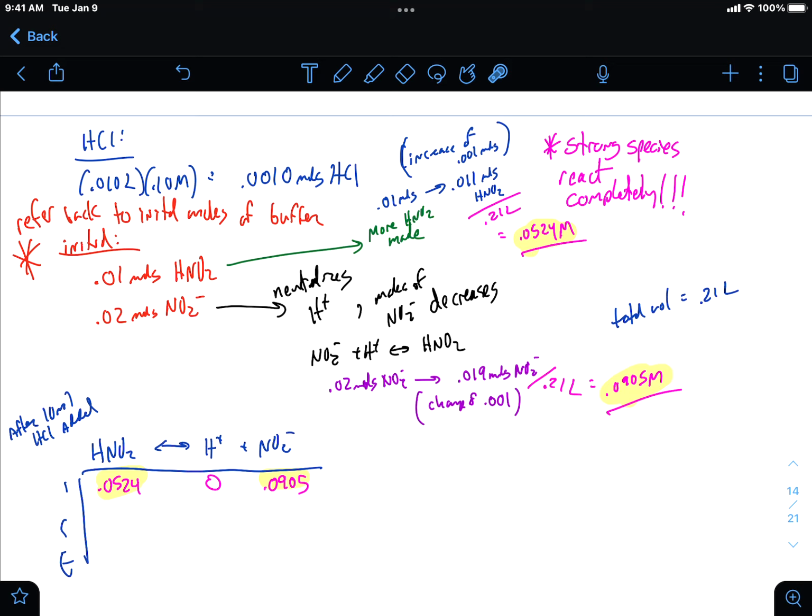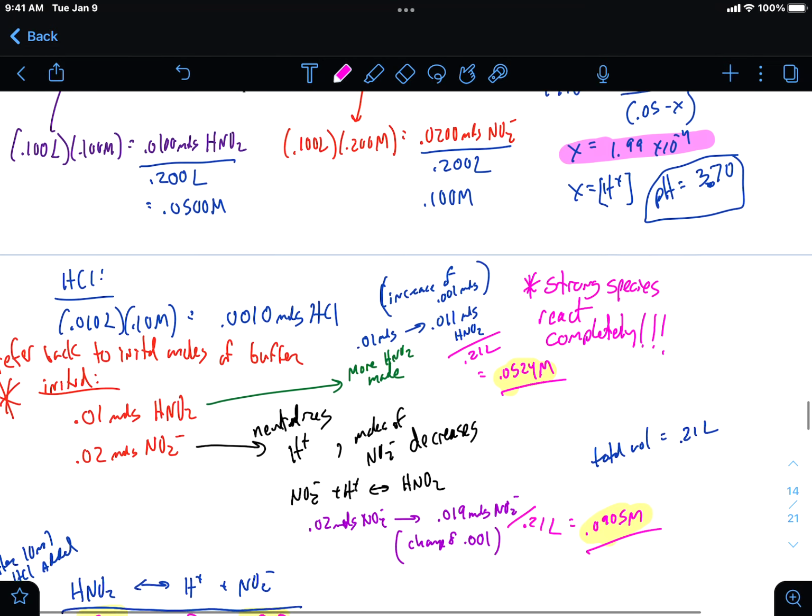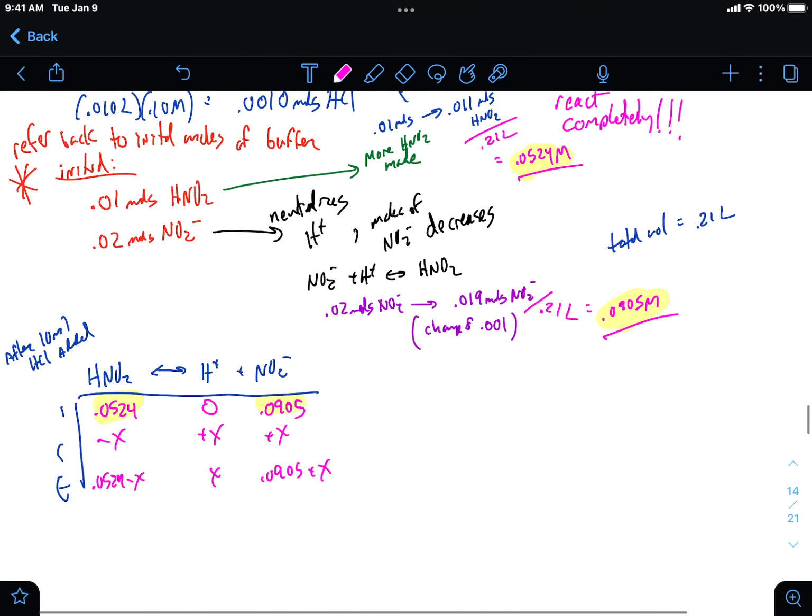And whenever we react them completely, the assumption is that there is no H plus until this goes forward. All right, so plus, do what you normally do now. Oops, my bad, that's minus. Minus x here, plus x here, plus x here. Ka, this is still the same. It's the same acid, right? So our Ka was 4 times 10 to the minus 4.